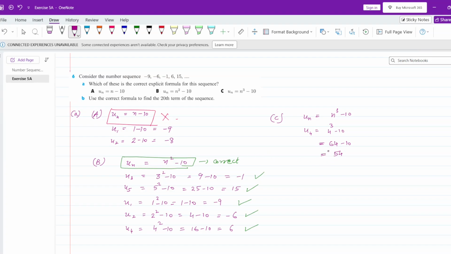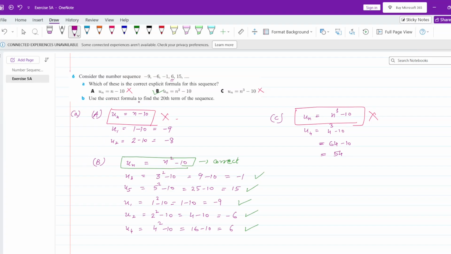Is the fourth term of the sequence 54? No, the fourth term is 6. That's why we can reject this formula. This is not the formula. So the question asks which of these is the correct explicit formula for this sequence. So we can say B is the correct explicit formula and A as well as C are not.